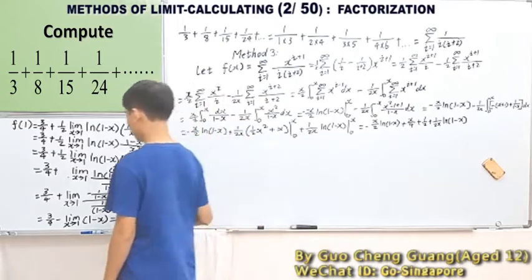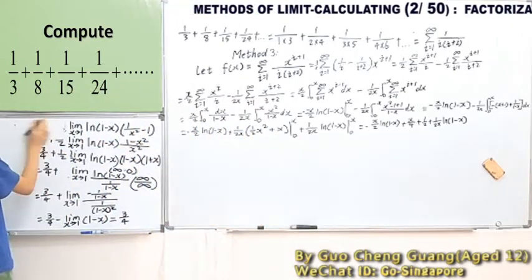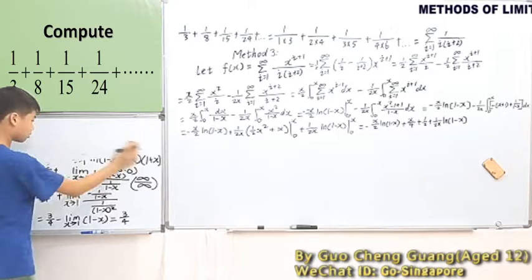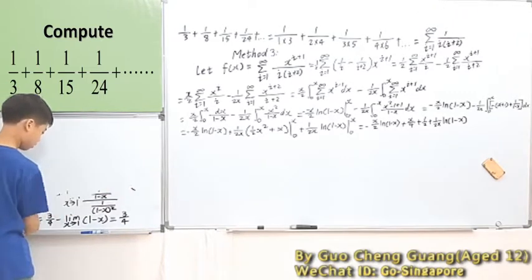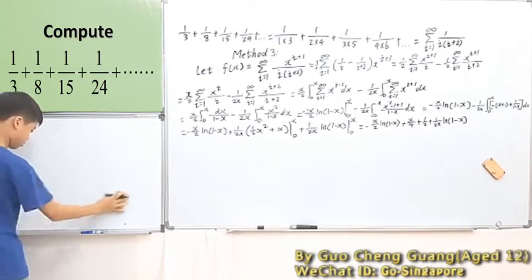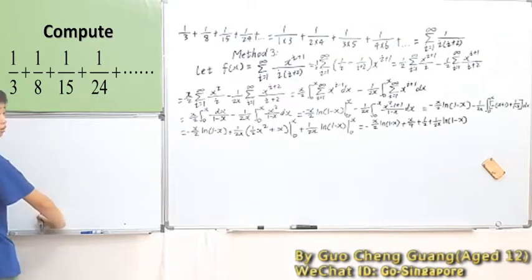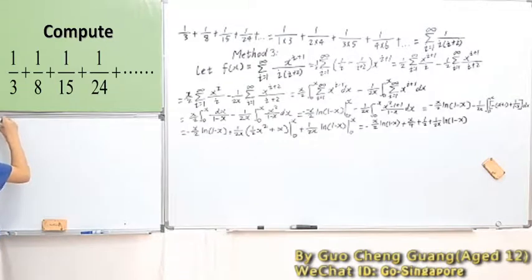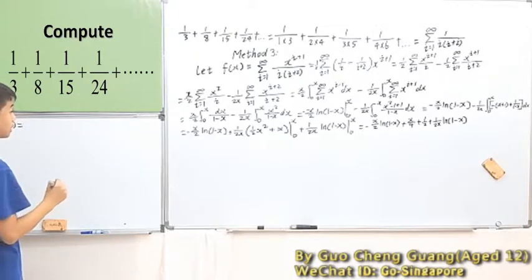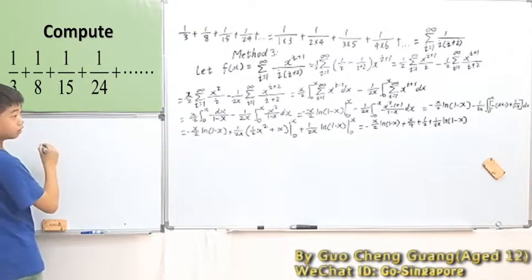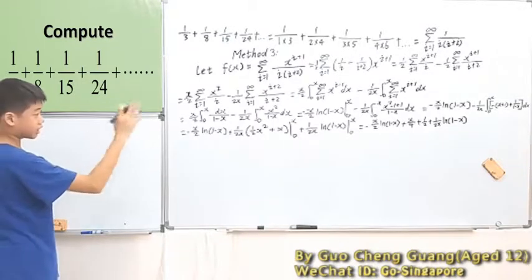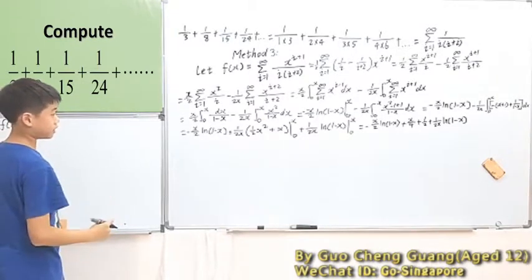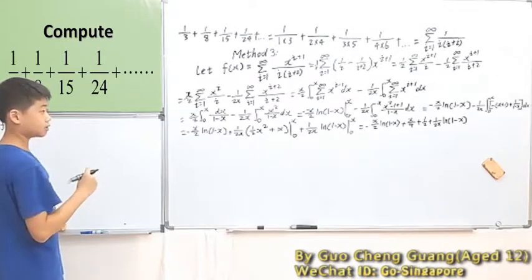So just write it inside. So for this, when you're subbing 1, the first and last term, you'll have infinity, so you cannot sub in them straight away.